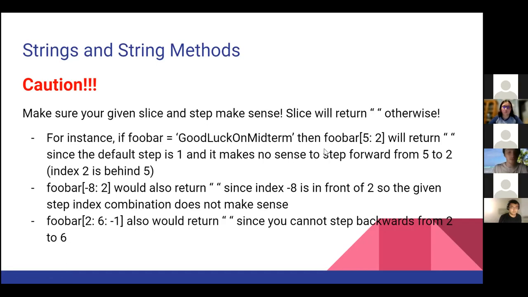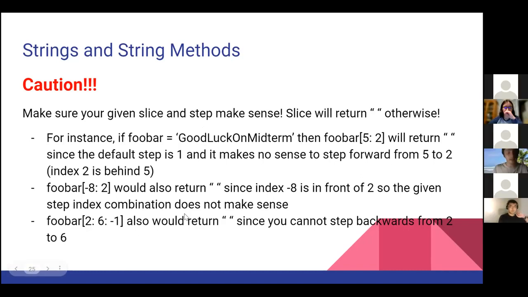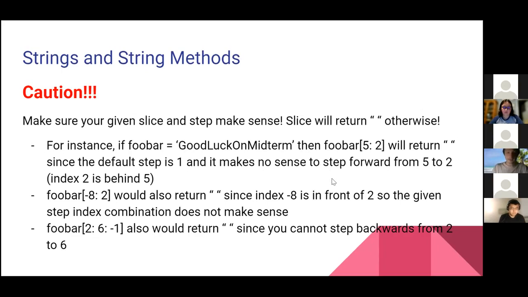So if you walk forward from there, you're not going to get to the index you want. And foobar 2, 6, and -1 would also return the empty string because you're saying, I want to walk backwards from 2 to get to index 6, but that doesn't make much sense because index 6 is in front of 2. So does that make any sense? Does it? No, it does return the empty string. I can demonstrate this actually.